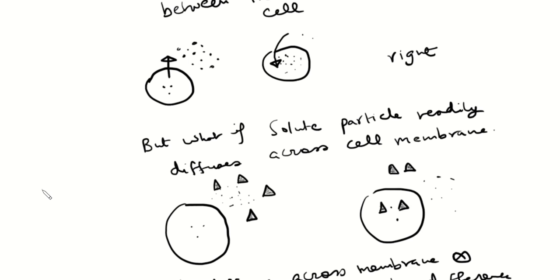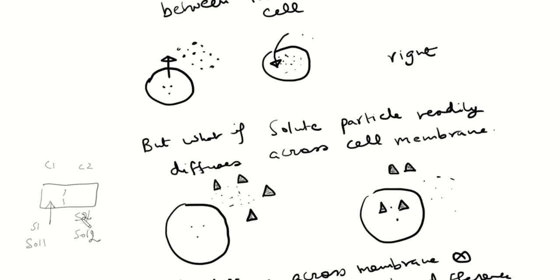Here are two compartments, compartment 1 and compartment 2. You have solute 1 in solution 1 and solute 1 in solution 1, but in different amounts. Here you have solute amount 2, here you have solute amount 1, and solution amount 1, solution amount 2. So what happens when there's no barrier?